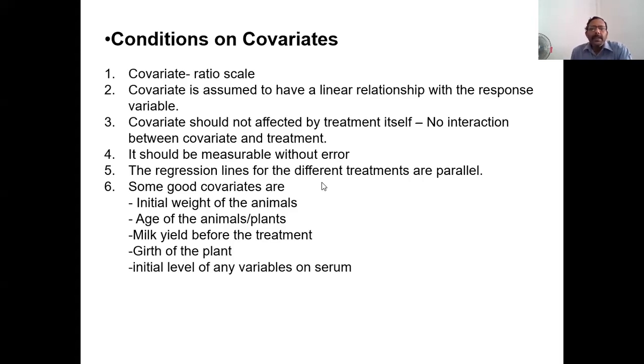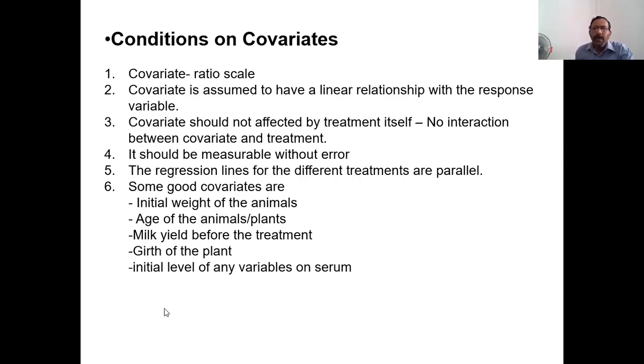As an example, a field which is affected by pests and diseases, or a particular pest, will create a problem in measuring the yield at the end. So that pest population could be considered as one of the covariates in a particular study. So we have learned that.